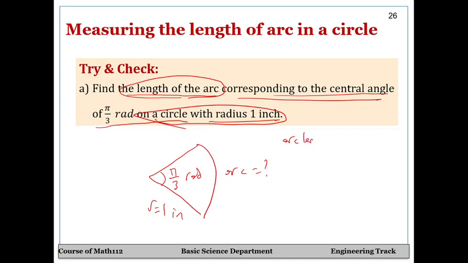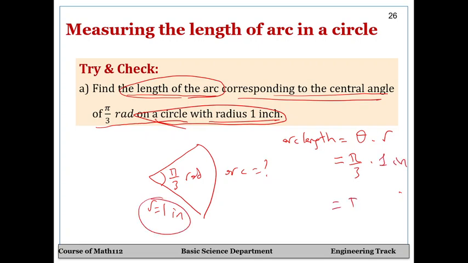So the arc length is equal to, again, theta times r, which is the central angle times the radius, and this is in radians. Okay, now theta is pi/3 times 1 inch.